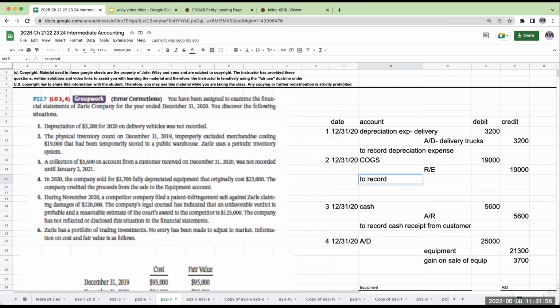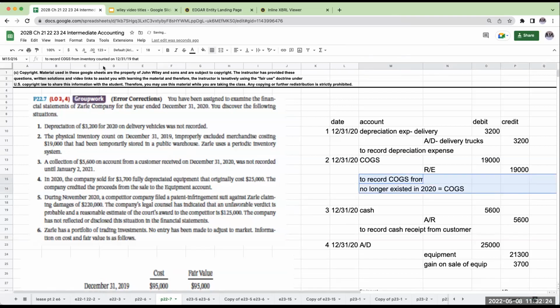And if you're in my class, I'm not going to give you that question. I have plenty more questions to give you to fully confuse you and make you have even more fun with intermediate accounting. So we'll call this record cost of goods sold from inventory counted on 12/31/19 that no longer existed in 2020, hence cost of goods sold.